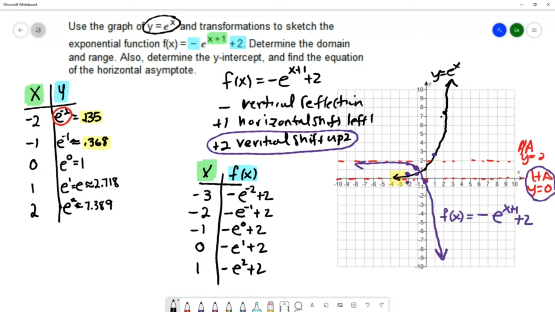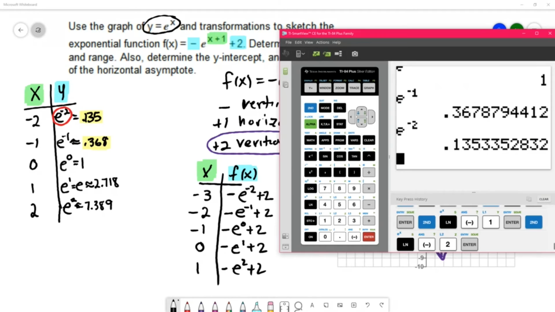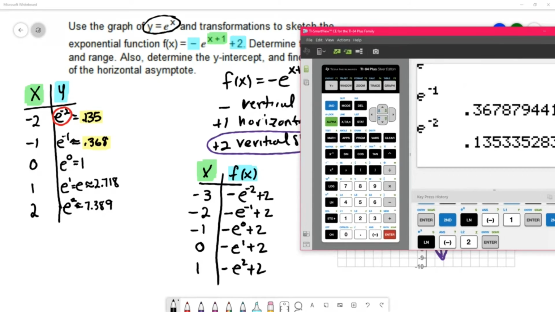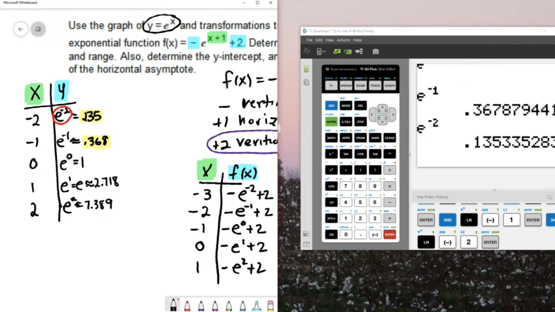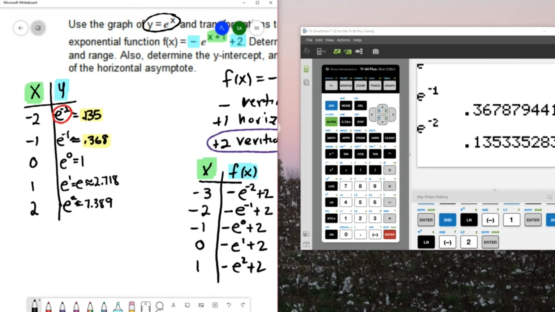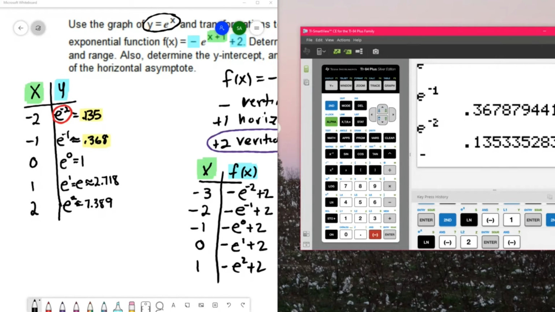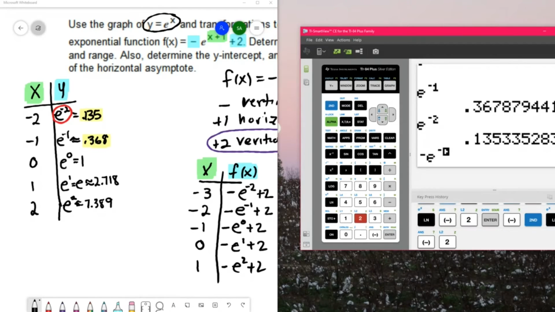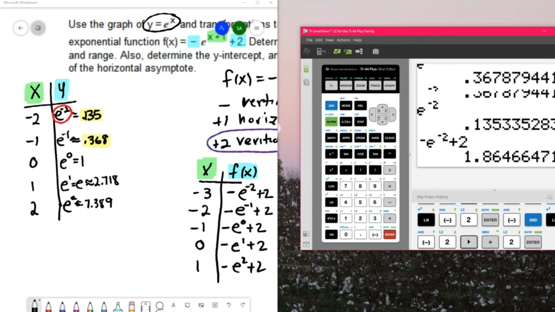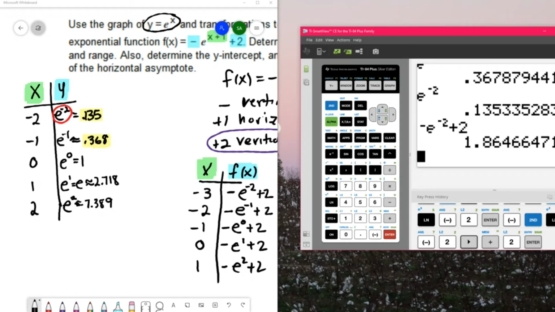And we can type these values into the calculator to get approximations, and they should match with the ordered pairs that we've drawn on the picture. I have negative e to the negative 2 plus 2, which would be 1.86.